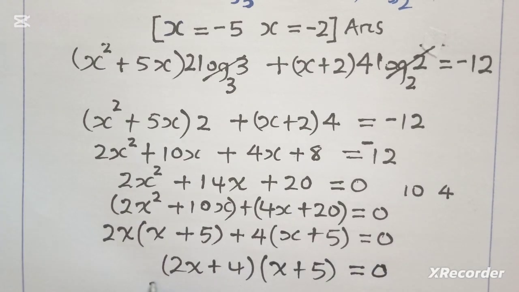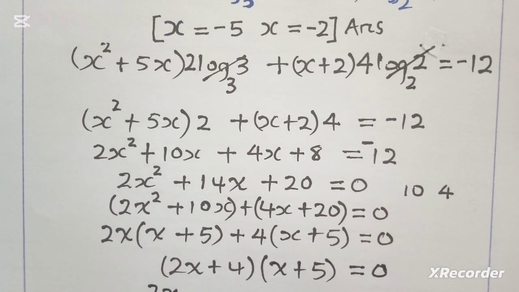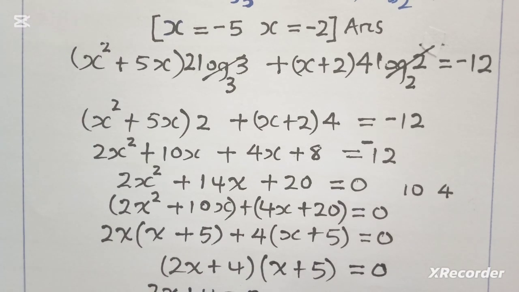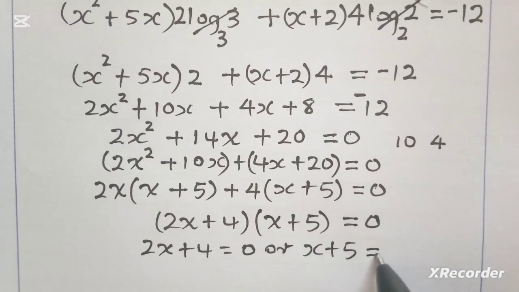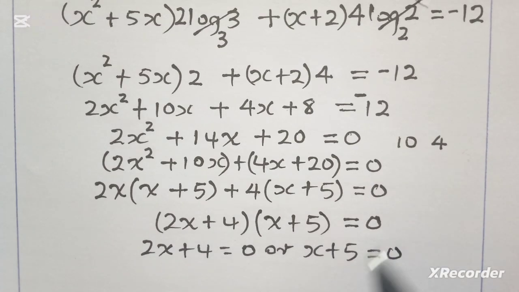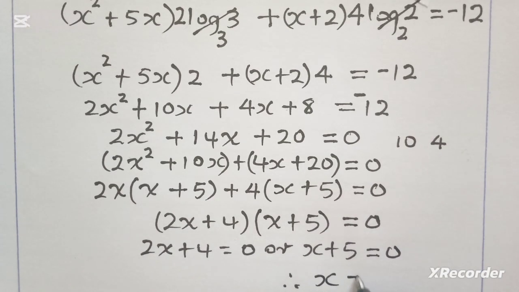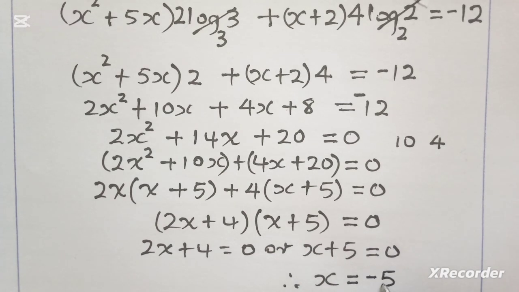So we can say that 2x plus 4 equals to 0, or x plus 5 is equals to 0. And therefore now guys, for this side, x is going to be equal to negative 5.